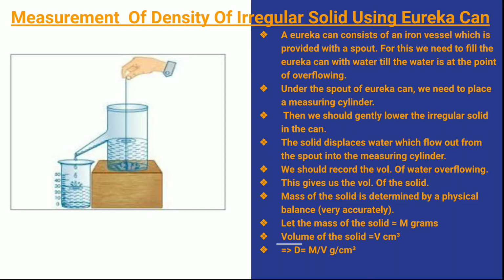Now it is filled with water to a certain height. That height should be almost equal to that of the spout, that means the water should be filled up to where the spout opens from the can. Now the solid whose volume has to be measured is gently dipped into that can.